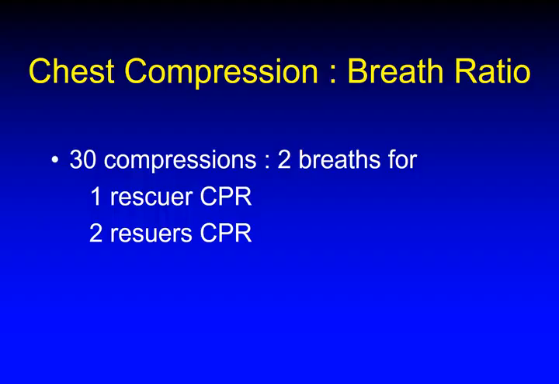If there are 2 rescuers, the same ratio, 30 compressions and 2 breaths. So for adults, the compression to breath ratio is 30 to 2 for 1 rescuer or 2 rescuers.